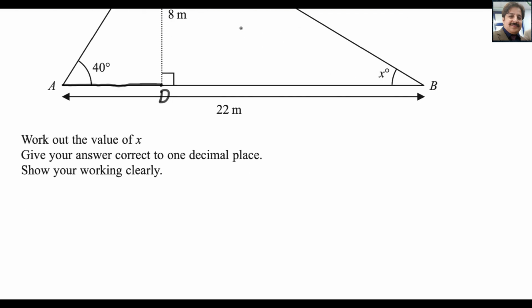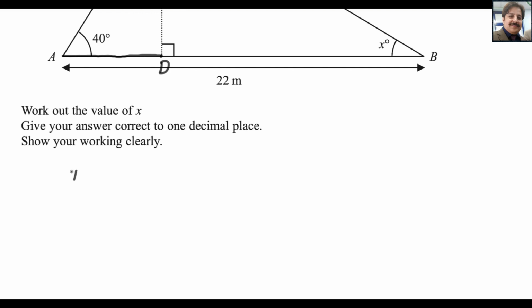In triangle ADC, tan 40 can be written as opposite over adjacent, if you remember the formula.